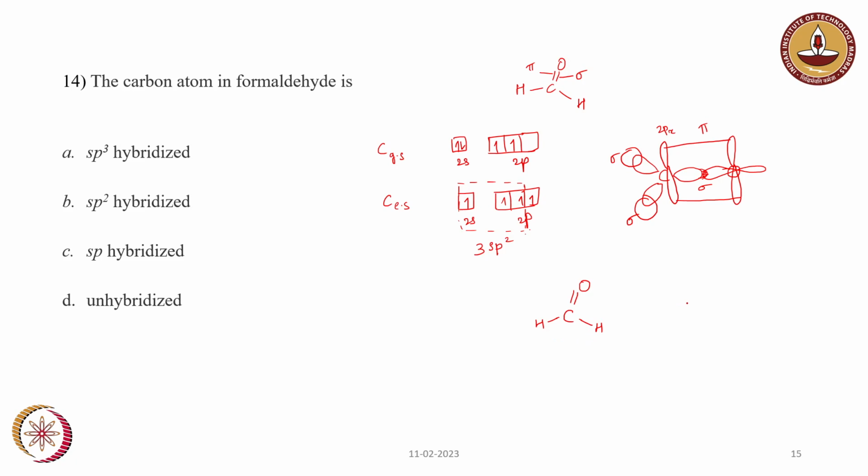If we form a bond with COH, this will be an alcohol, and the formula will be like this, and the valency will not be satisfied for carbon. 2 electrons will be remaining.